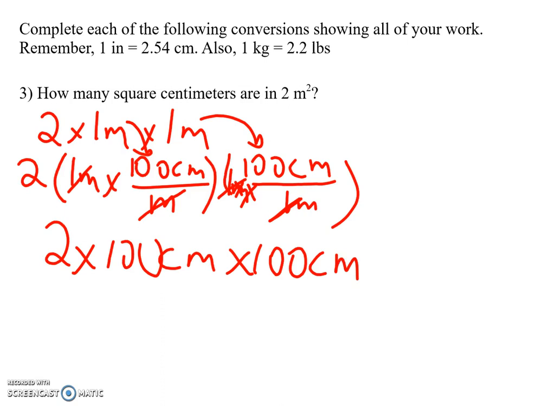And what I notice here is 2 times 100 times 100 will give me 20,000, and then centimeter times centimeter gives me centimeters squared. So I have 20,000 square centimeters in 2 square meters. So it's that idea that I don't change just 1 unit, I have to change both. And so sometimes it's easier to think about as multiplying the units together.